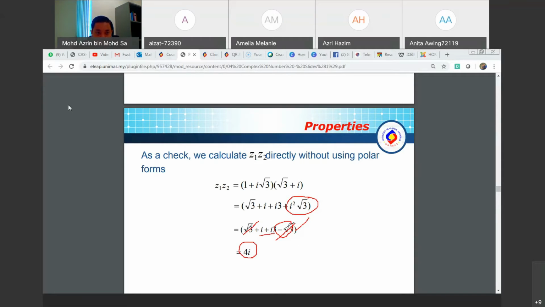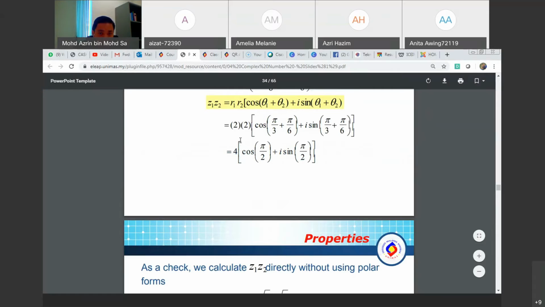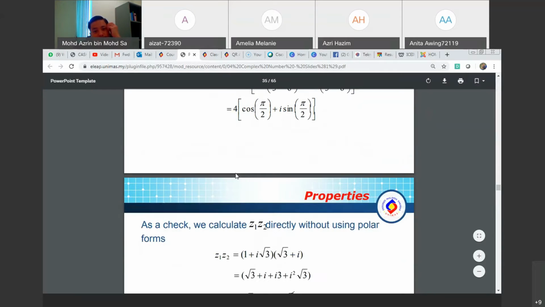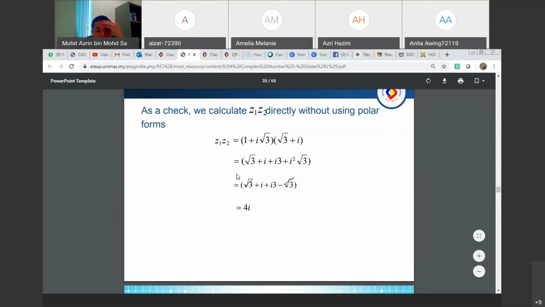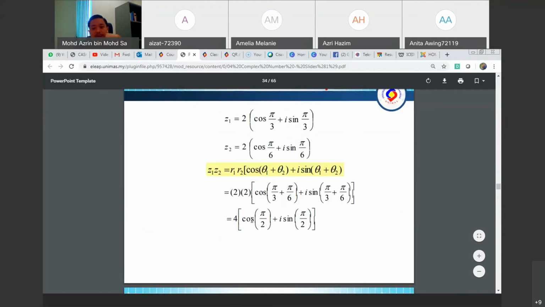Okay, so you get 4I. It is the same as this part, 4I. So as you check, the value of the complex number without using the polar form is 4I, and this is with using the polar form.